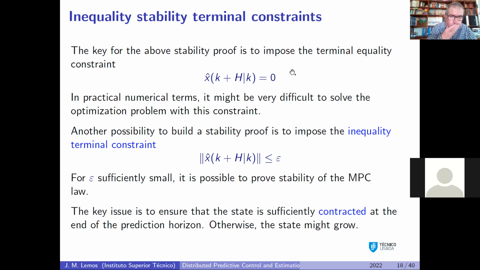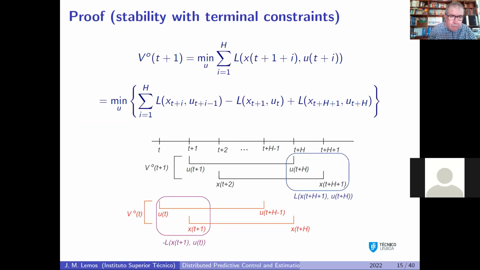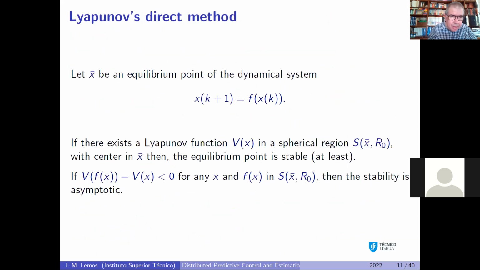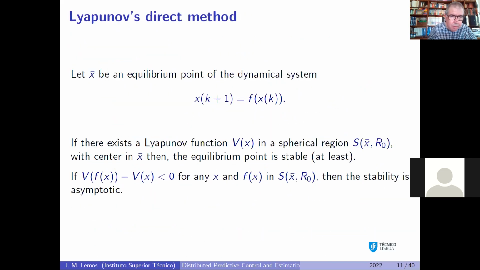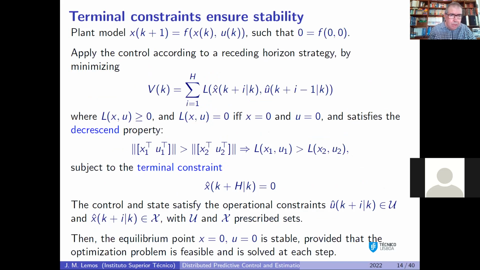Now, what happens here in practice? Suppose that our dynamics, let's go back, sorry. Suppose that our f is a linear function. So I have linear dynamics, and our L is a quadratic function of x and u.